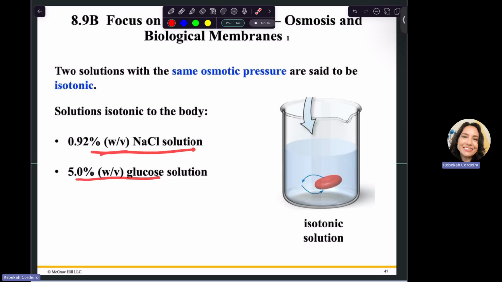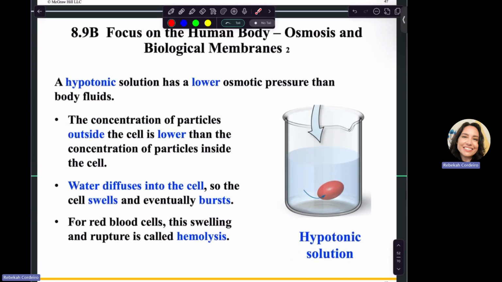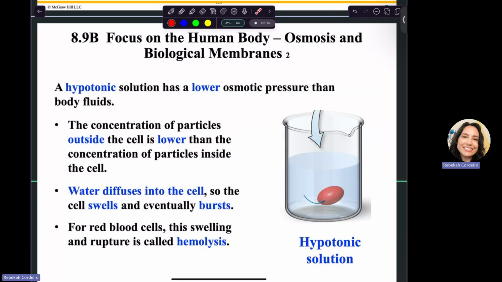And so I think you would need to memorize these two numbers so that you can tell if something is isotonic or not. Now, there's medical reasons for this, but a hypotonic solution, hypo meaning less than, like hypothermia, right? Less than. So lower osmotic pressure, also lower concentration than isotonic.